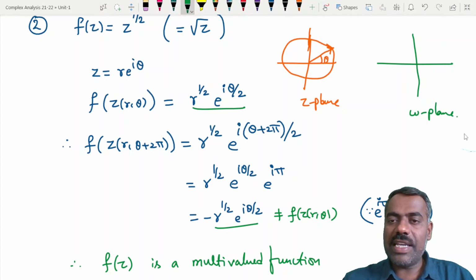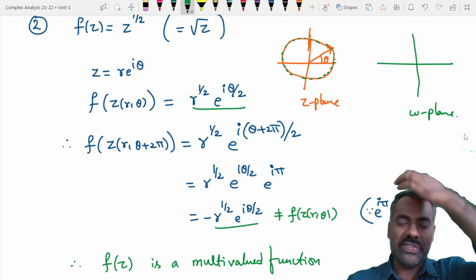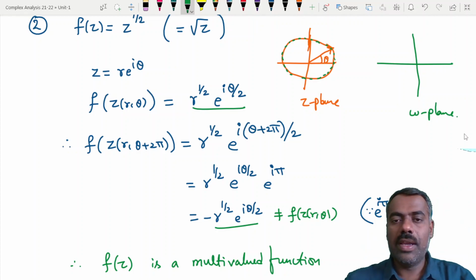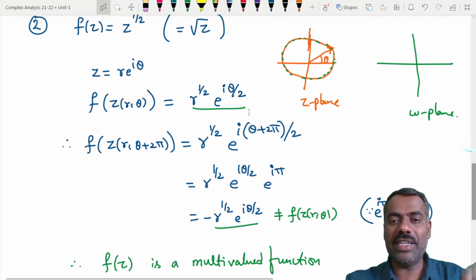So even in the z plane, if it completes one round, one circle, in the w plane how much will it reach? Because it is z power half, that means it is theta by 2. Suppose theta is 0, then theta by 2 is 0.